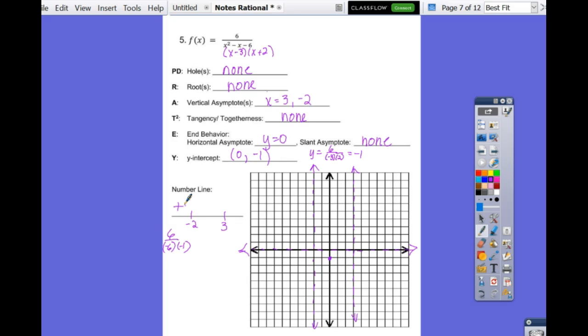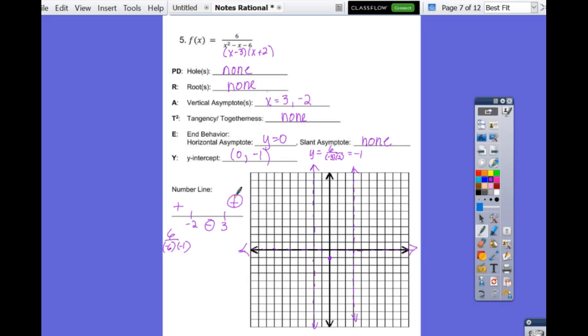So what's coming next? And then, so we alternate. If there's no tangency and no togetherness, you're going to alternate, okay? So we didn't have tangency or togetherness, so we alternate. Isaac, put that up. So positive.